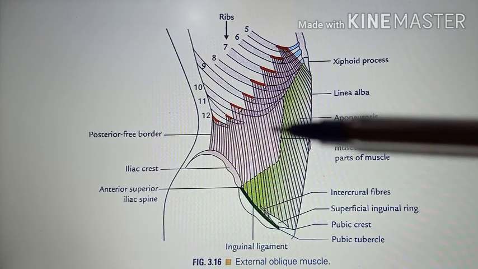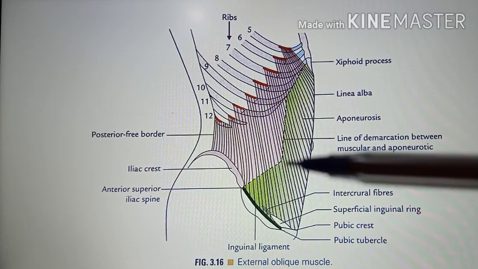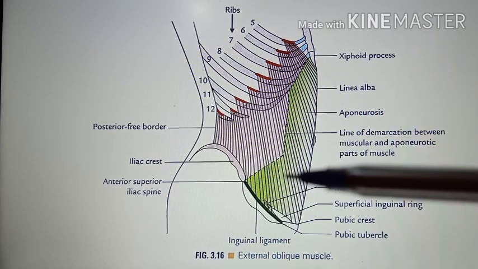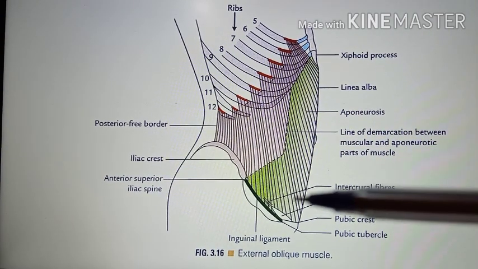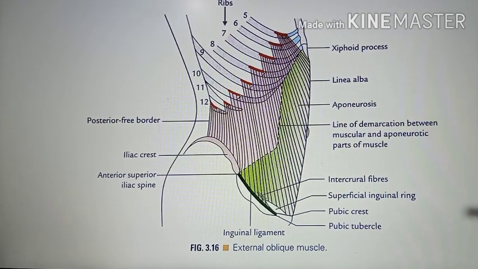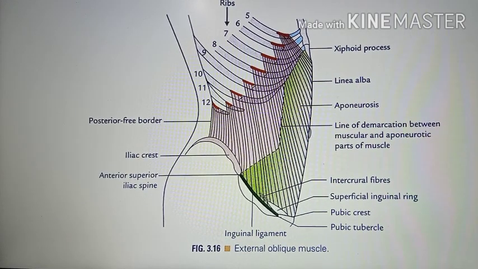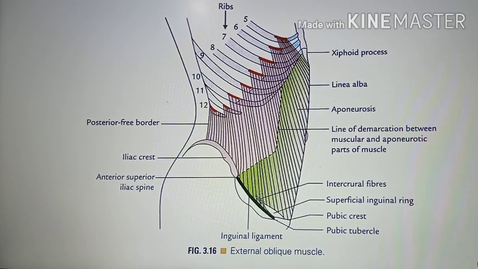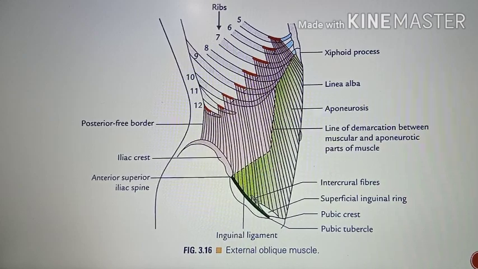The remaining fibers pass downwards, forwards and medially to end in the broad aponeurosis, which is inserted into the linea alba. Then coming to the nerve supply, the external oblique muscle is supplied by the anterior primary rami of the lower 6 thoracic spinal nerves, that is from T7 to T12 spinal nerves.